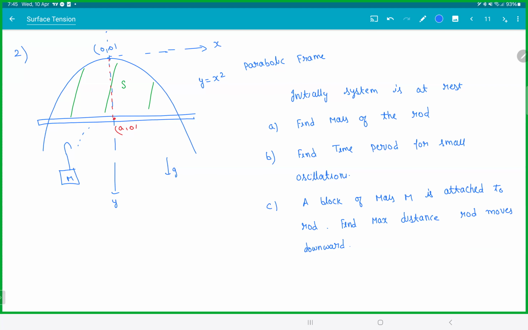Did you get an a square? I'll do one thing, a dimensions problem will come. Let's take y is equal to kx square. I wrote it wrong. Wait, it was 0 comma a.